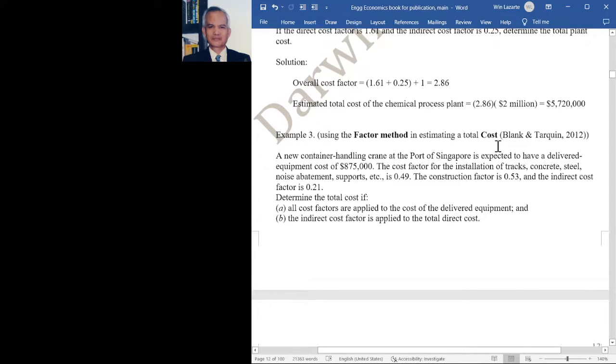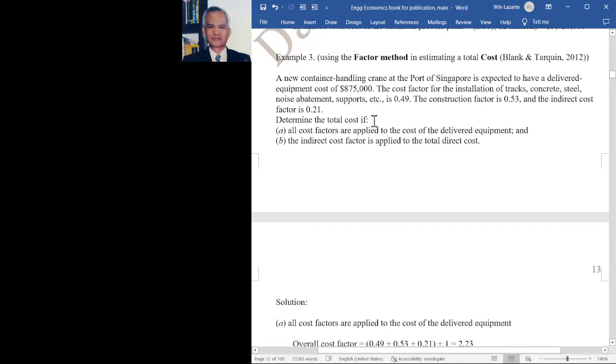Another example, using the factor method in estimating a total cost. This example again was taken from the reference book by Blank and Tarquin. This is the problem. A new container handling crane at the port of Singapore is expected to have a delivered equipment cost of $875,000.